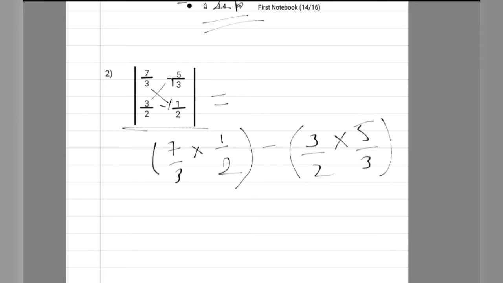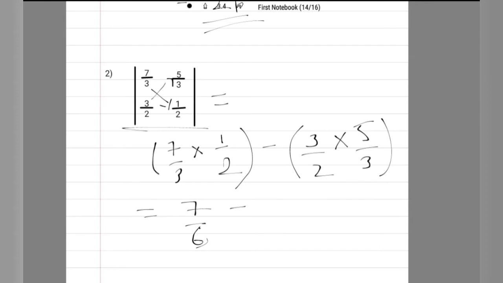Okay, multiplying the numerator with the numerator and denominator with the denominator, we get 7 into 1 upon 3 into 2, which is 7 by 6. Again we multiply 3 into 5 upon 2 into 3. Now we could have just cancelled this 3, but then we again need to take the LCM.